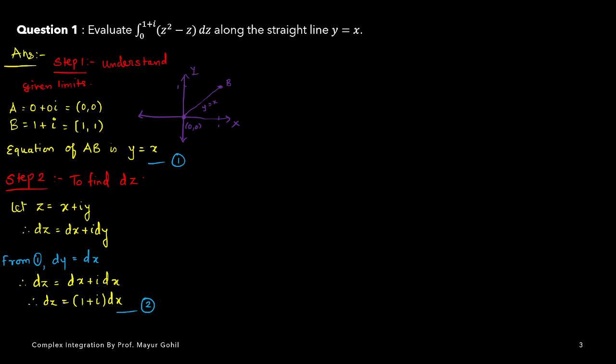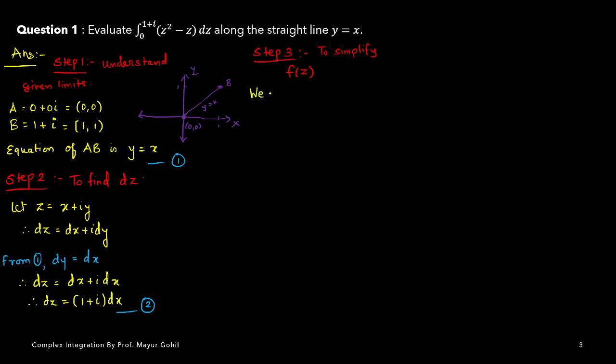Now let us see what happens in step number 3. Step 3 is to simplify f of z. So let us see how to do that.